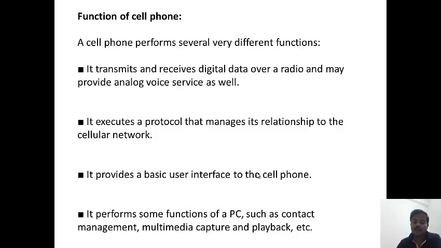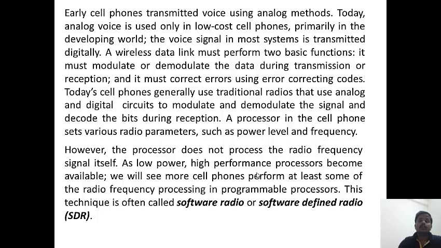So let's have an overlook in more detail at cell phones. Early cell phones transmitted voice using analog methods. Today, analog voice is used only in low-cost cell phones, primarily in the developing world.